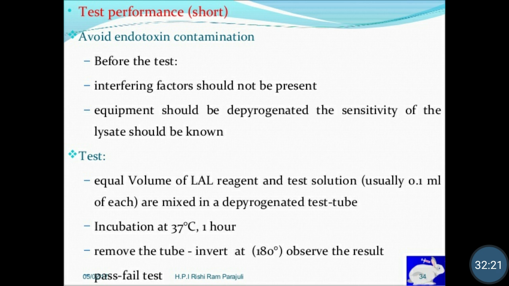Then how is the actual testing done? Equal volumes of LAL reagent, that is Limulus amoebocyte lysate reagent, and the test solution, usually 0.1 ml of each, are mixed in a depyrogenated test tube. After that, incubation is done at 37 degrees Celsius for 1 hour.